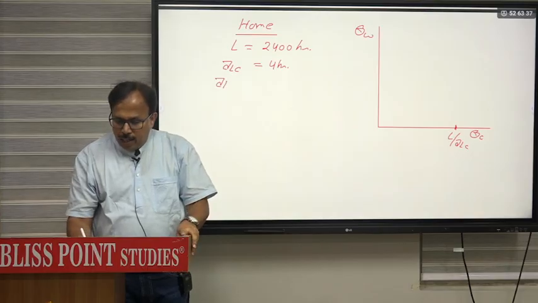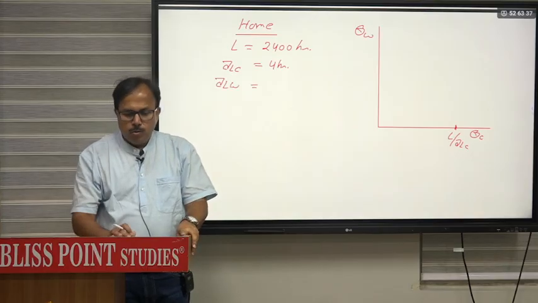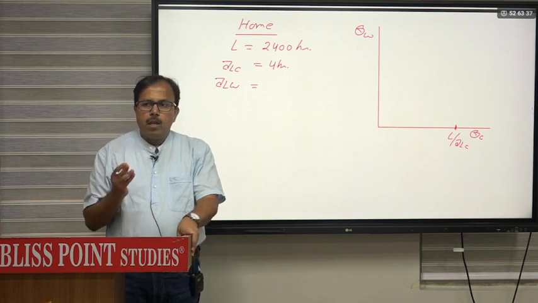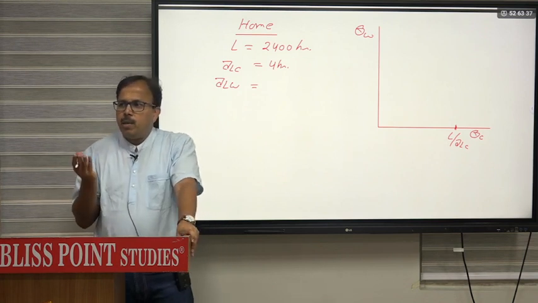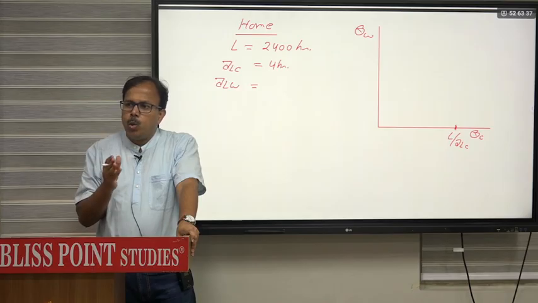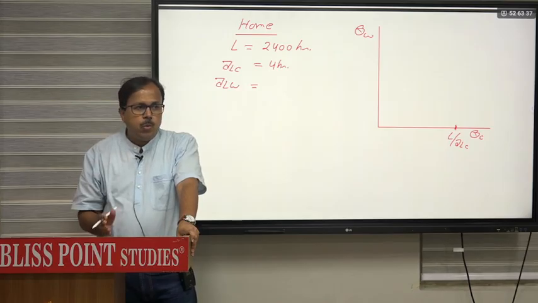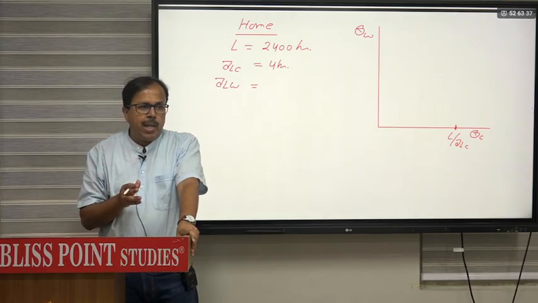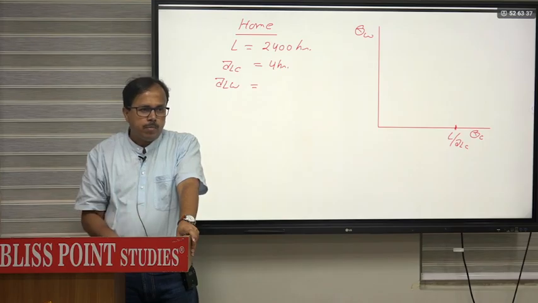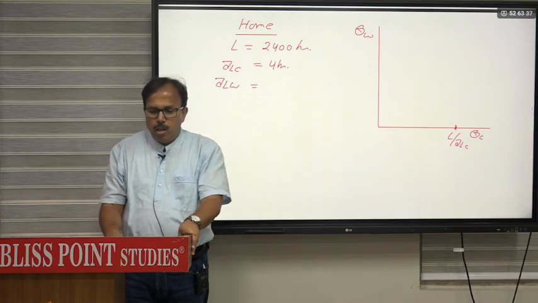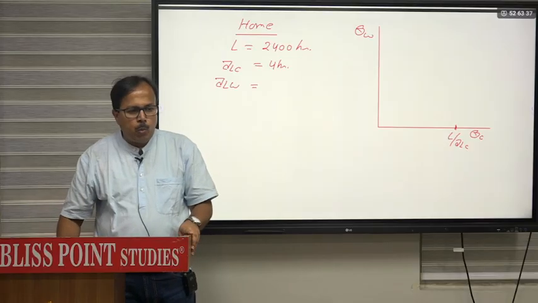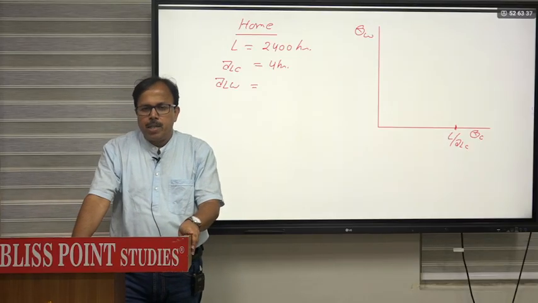Second term is ALW. So what is ALW? Similarly, unit labor requirement to produce wine in home country. ALW is unit labor requirement to produce wine in home country.